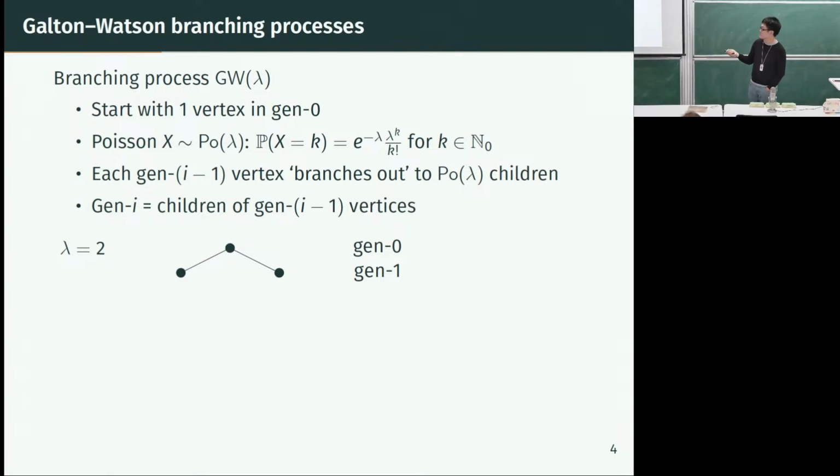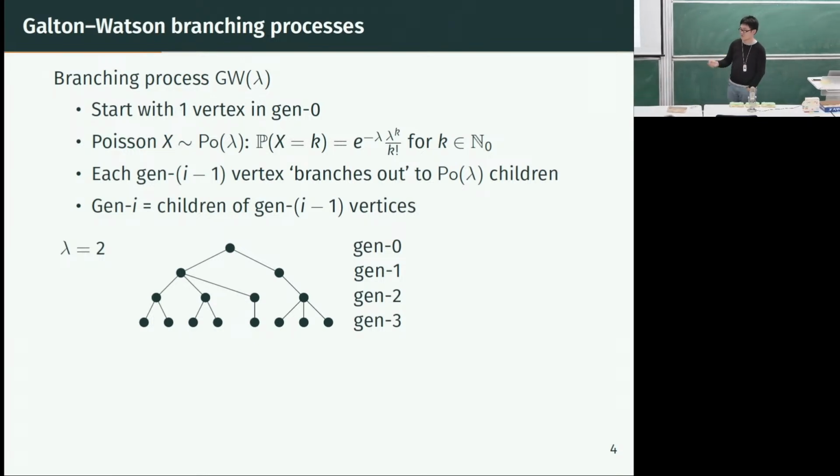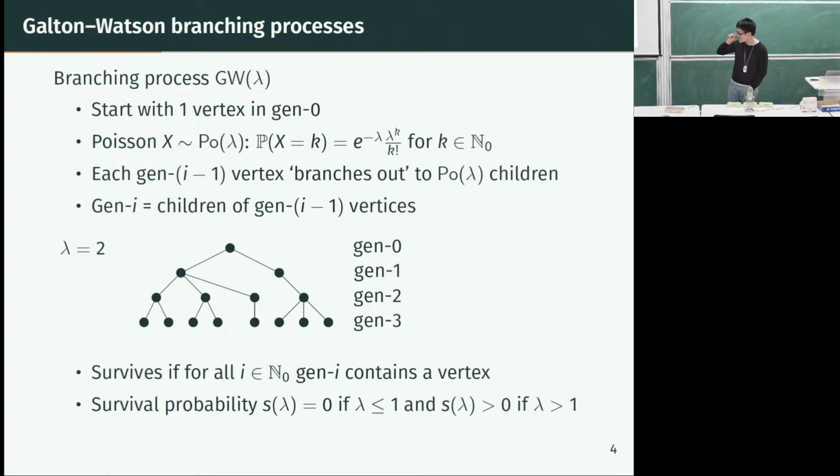Now for each of these two vertices, I will need to generate yet more children. So for each of them, they will have Poisson(2) children independently of each other. Maybe the first one has 3, the second one has just 1, and so on. So I'll generate another generation, and you get maybe this many. I can't really draw the rest of the thing because it's supposed to go potentially infinitely.